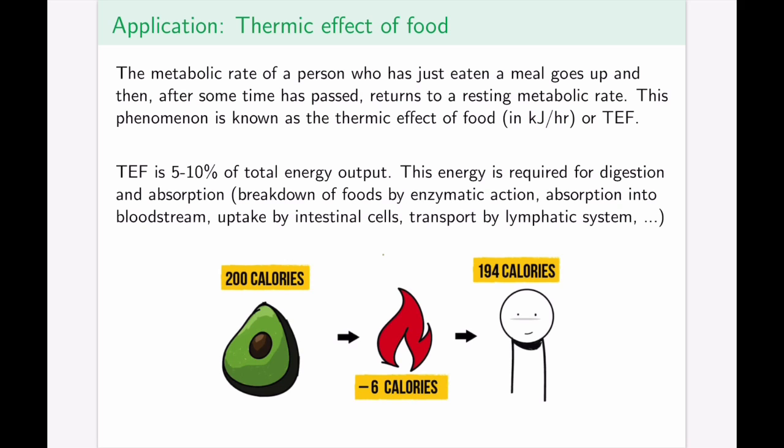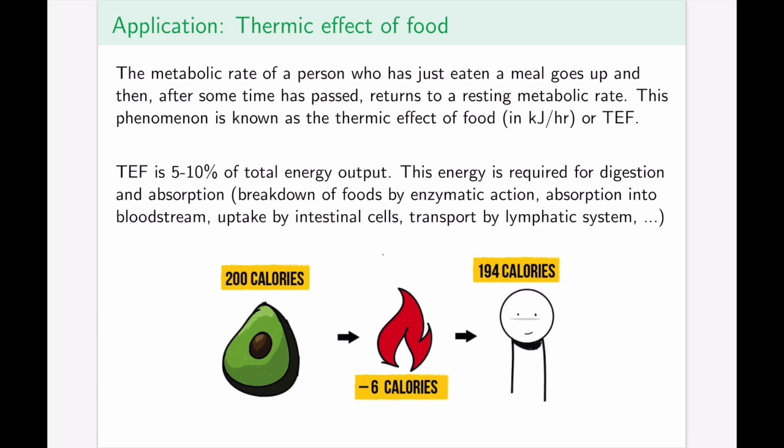What actually happens, of course, is that as you consume food, your body takes energy to digest it. So the number of calories consumed is not the number of calories that have been digested; it actually takes about 5 to 10% of the food's total energetic amount for the body to digest that food.